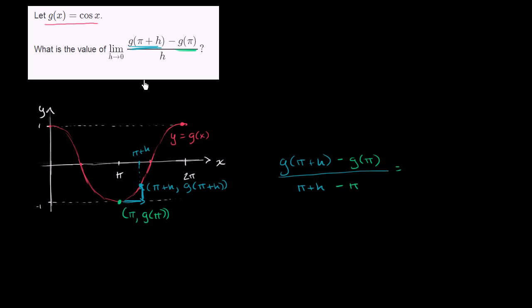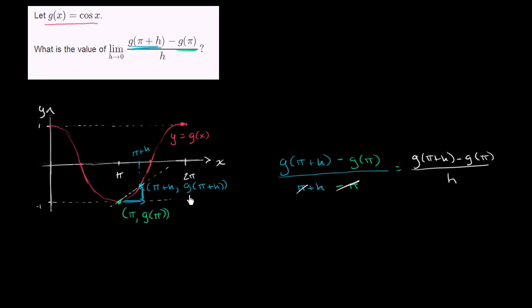And this is exactly what we have, before we take the limit, right over here. So this is g of pi plus h minus g of pi, all of that over, the pi's cancel out, all of that over h. So this is the slope of the secant line right over here.